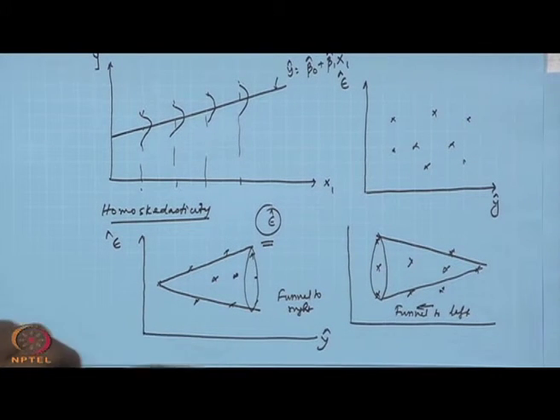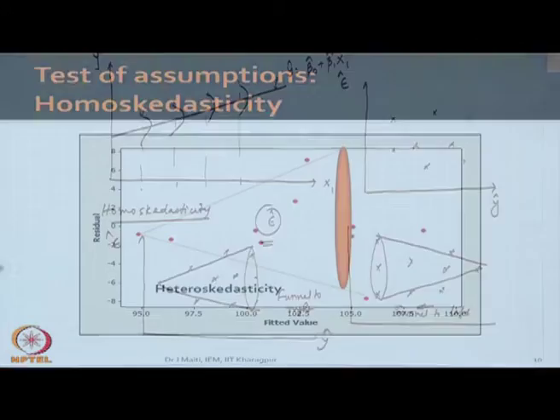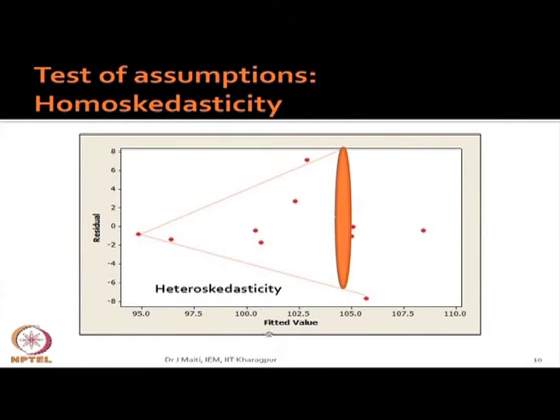So, the problem we have discussed is the same problem. When you plot the residual versus fitted value, you see it is like this, a funnel shape. So, it simply indicates that in the problem we have discussed there is heteroscedasticity.